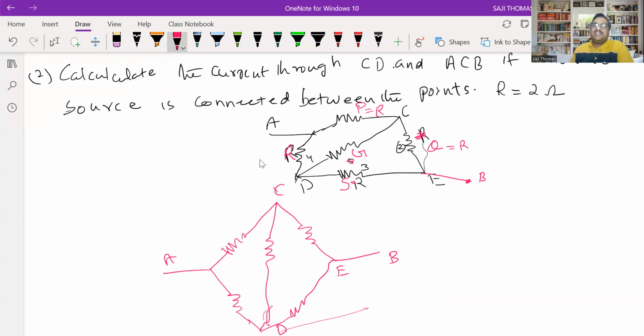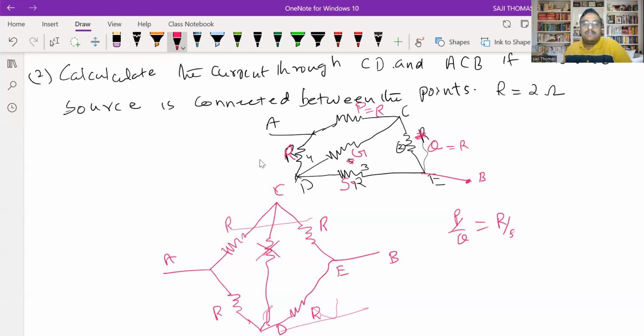Now you have to check whether Wheatstone's principle is obeyed. All resistors are equal, 2 ohm each. So P by Q is R by S. That means the Wheatstone principle is satisfied, so no current passes through the central path CD.